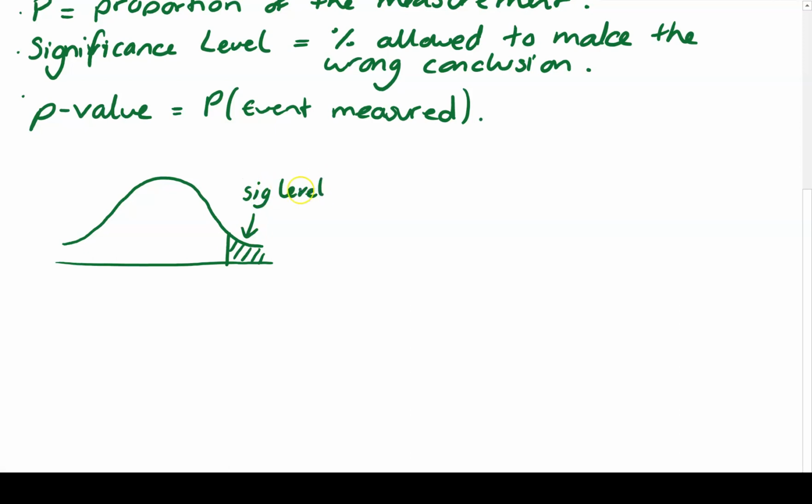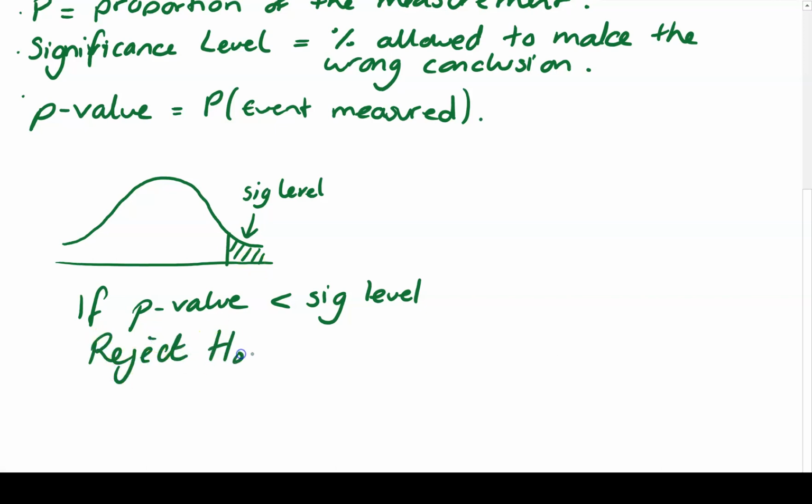If your p-value is less than the significance level, which I'm going to shorten to sig, i.e. the probability of it being more than whatever is in that shaded region, then you reject H0, i.e. the change has happened. There is enough evidence. And it doesn't have to be at the top end, it could be at the bottom end as well. So this is one tail.